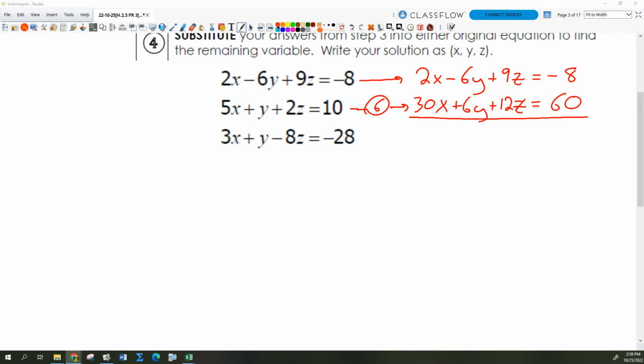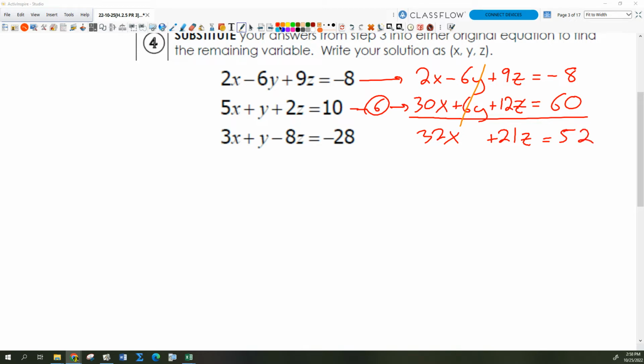Okay, and if I add those up, sure enough, as I desired, I got rid of the y's, and we get 32x plus 21z equals 52.